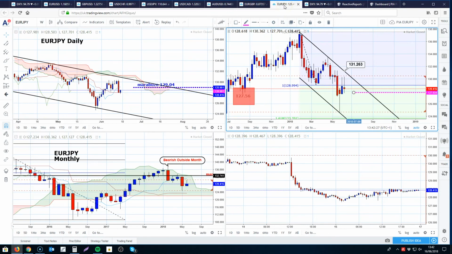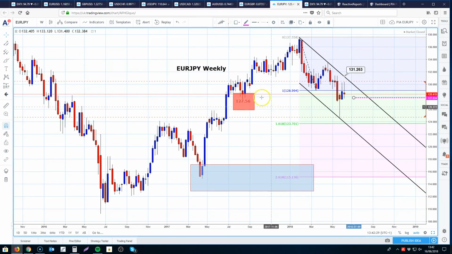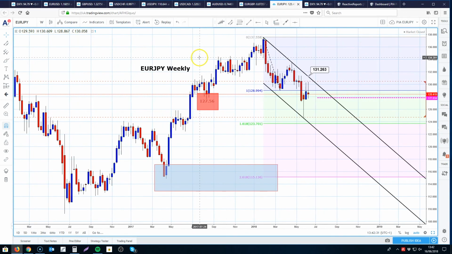Euro yen, long-term picture, again we prefer losses, and that's because we've got this 261.8% extension level at 115.14, which is close to the previous swing low, which was made back in 2017, actually in April.